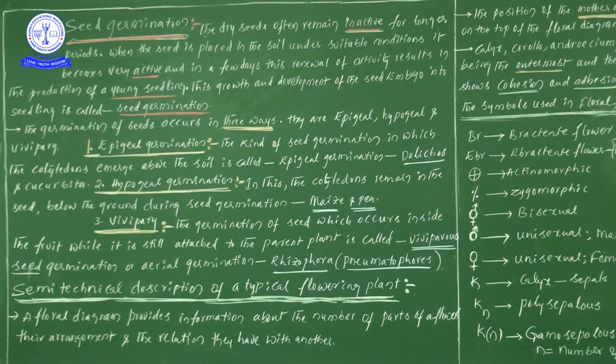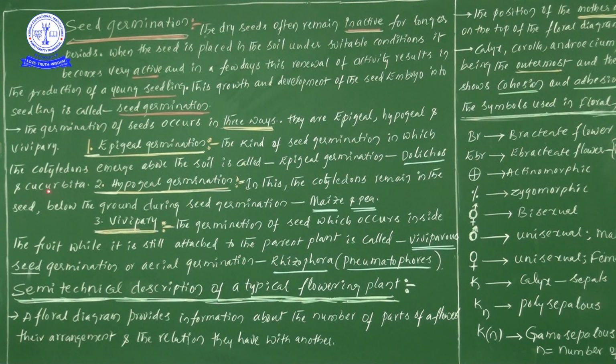So this is a small piece of information regarding seed germination. How many types are there? Three types, or three ways. First is epigeal germination, second is hypogeal germination, and third is viviparous or vivipary. Epigeal germination means that while seed germination is going on, the cotyledons emerge above the level of the soil.